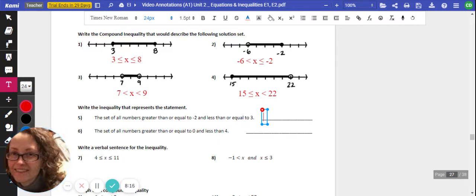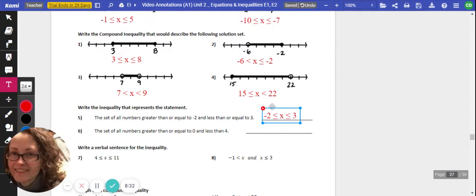So we get x is greater than or equal to -2, and x is less than or equal to 3, writing this as a combined statement.